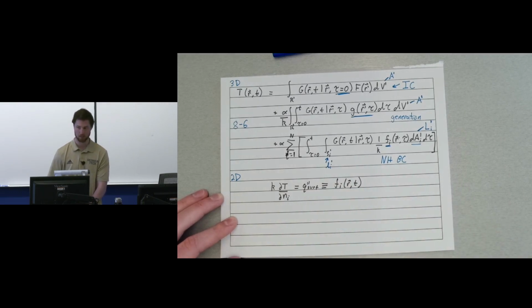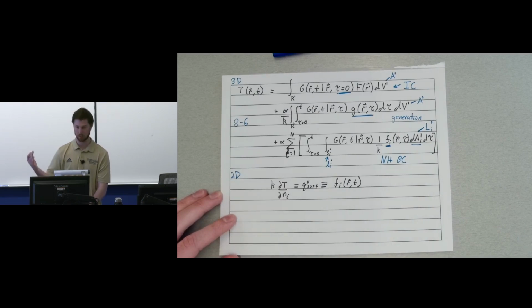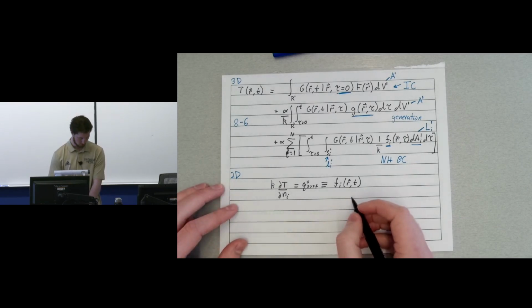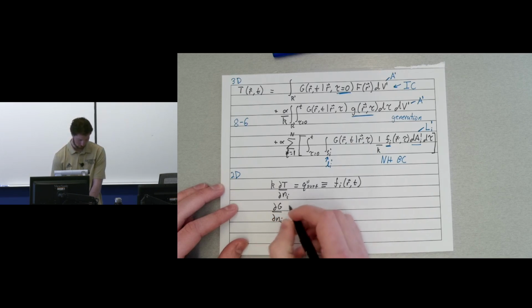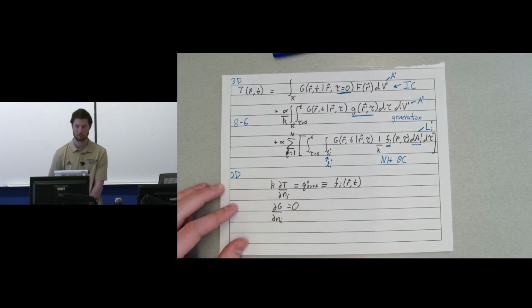We've already done this a number of times before, where we take this and make a corresponding homogeneous boundary condition for superposition. We're now going to say, for this case, dG/dn_i equals 0.